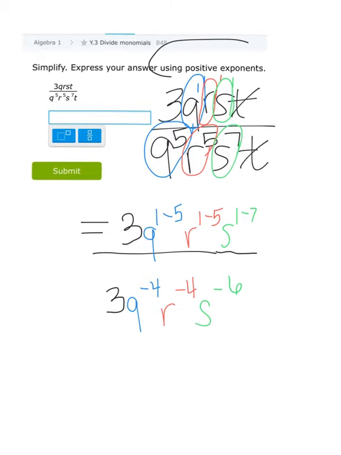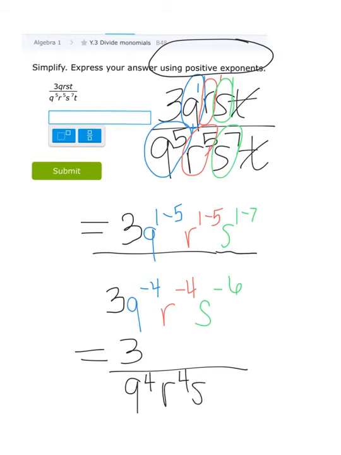Notice up here says make sure all your answers are using positive exponents. So like what we talked about earlier, I know that there's more Q, R, and S's in the denominator. So in order to make them positive, we're just going to move them to the denominator, which would leave me with 3 divided by q to the 4th, r to the 4th, and s to the 6th.